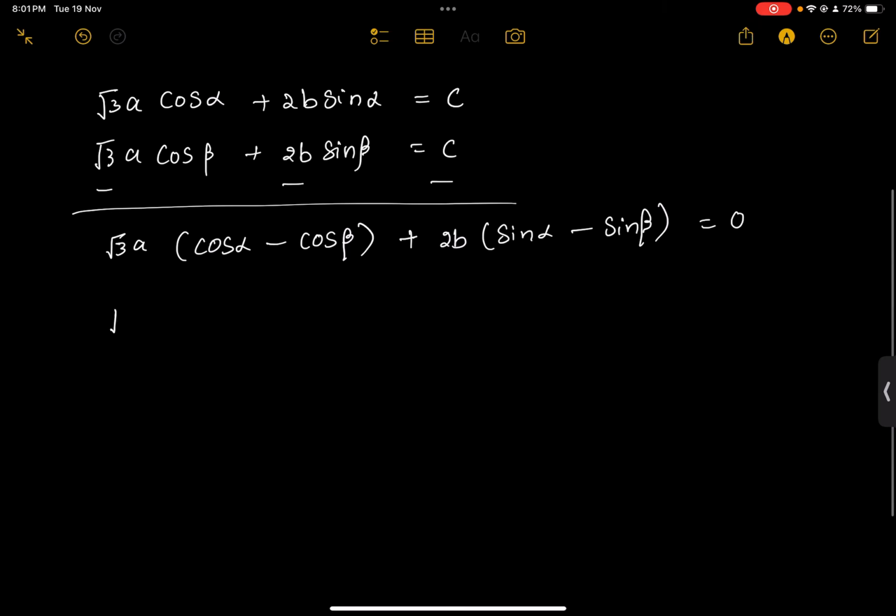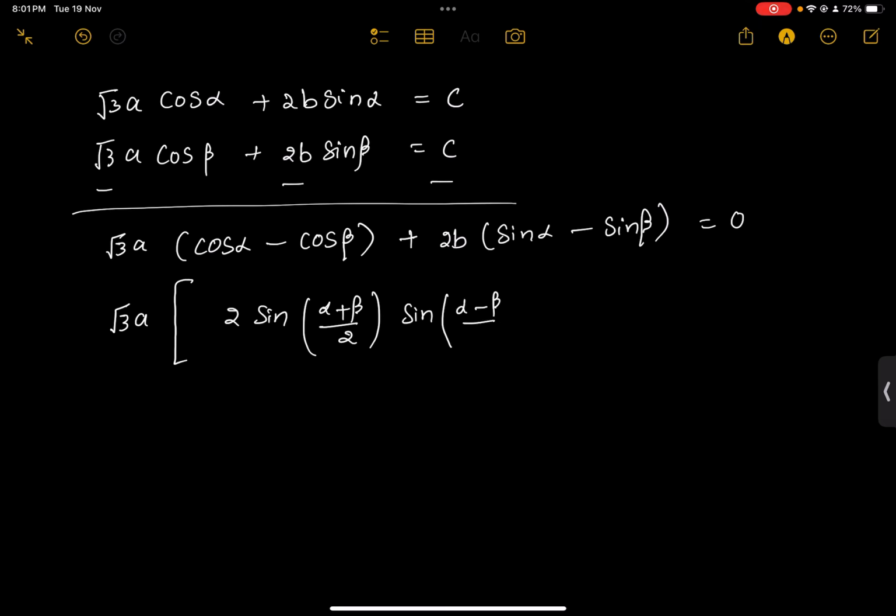Now for root 3a, apply the formula of cos C minus cos D here. That will be 2 sin (C plus D by 2) and sin (C minus D by 2). So is this correct? This will be with a minus sign.